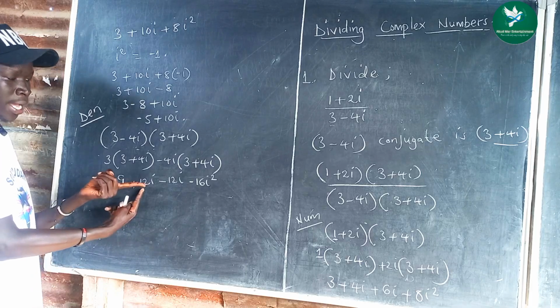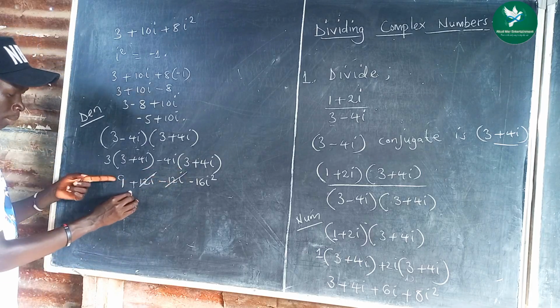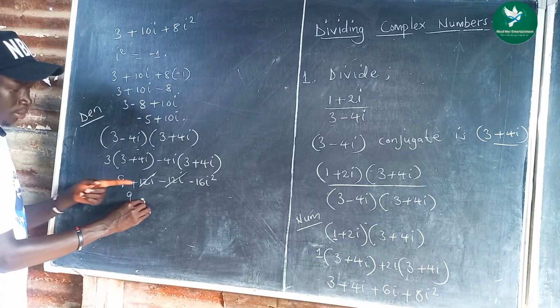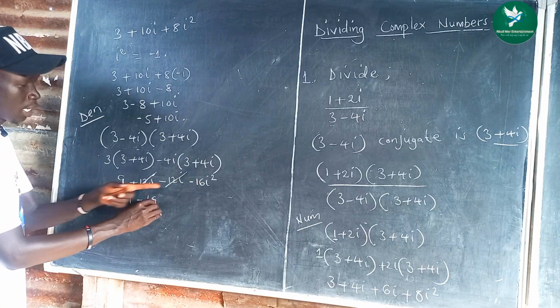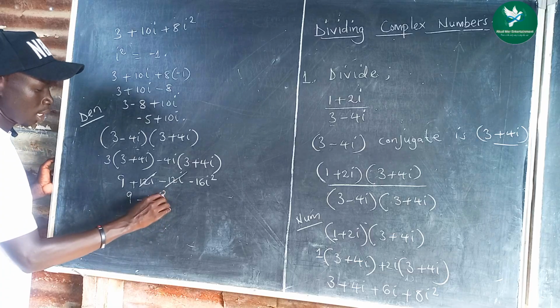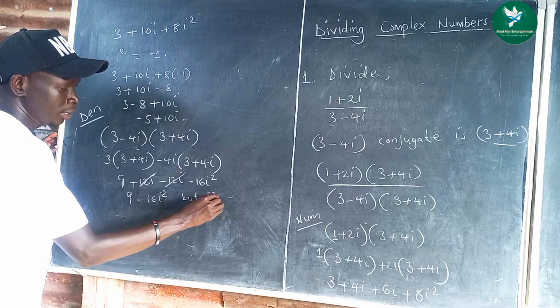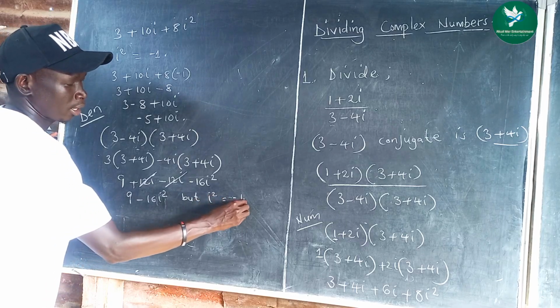But positive 12i and negative 12i cancel out, and we remain with 9 minus 16i squared. But remember, we said i squared is equivalent to negative 1.